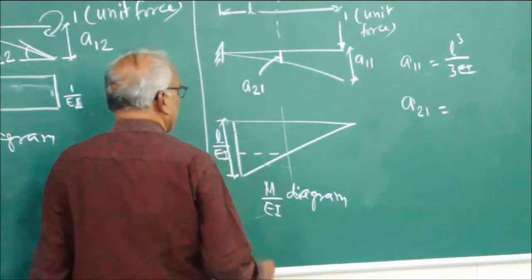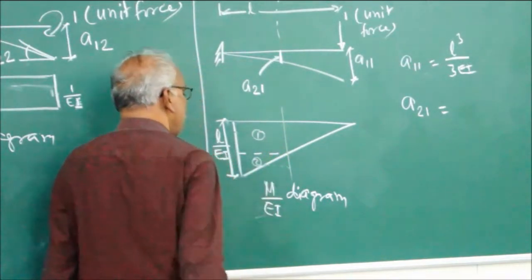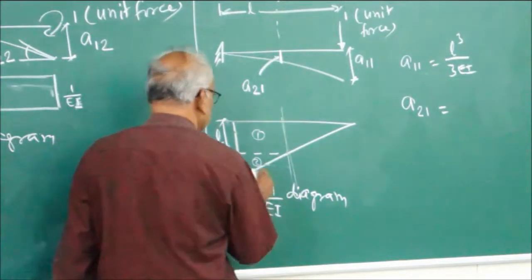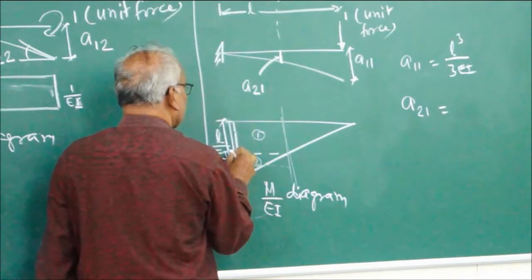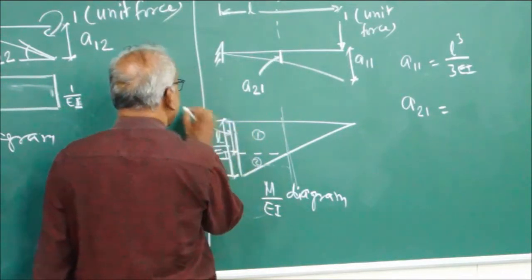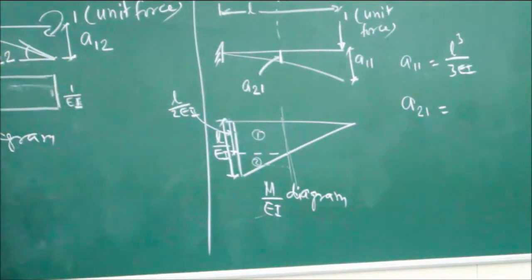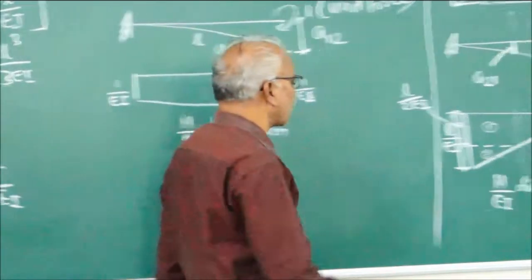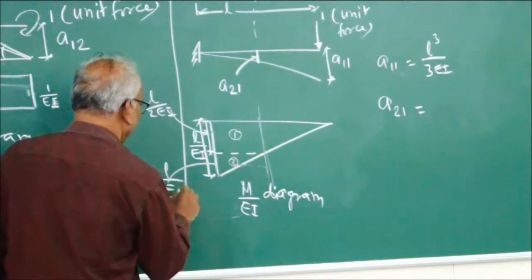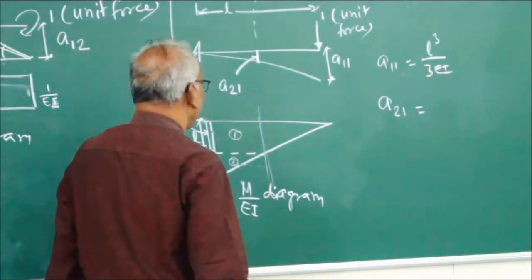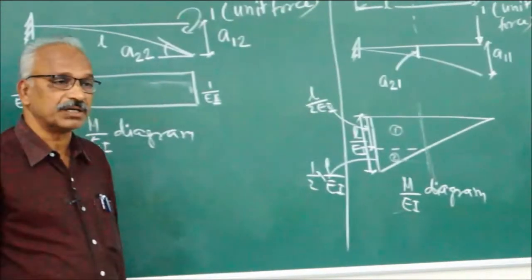So let us divide this into a rectangle and a triangle for convenience. So we will take moment of area. This is L by 2EI. This is half of L by 2EI. The reason is this is L by 2, this is also L by 2.